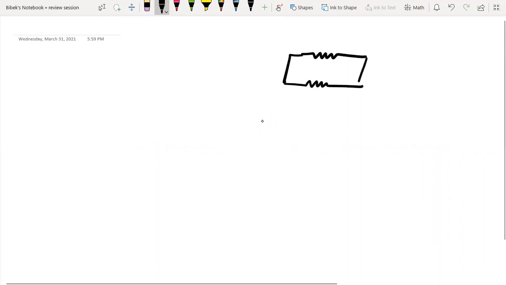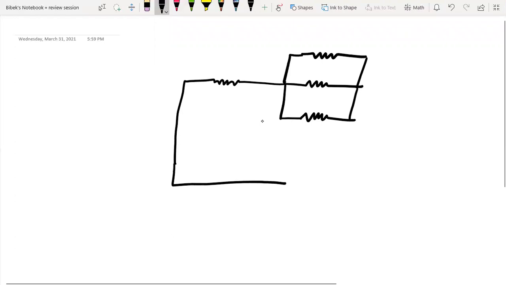There's another resistor, right? And there's another one, and another one here. You also have a battery here, and you have another resistor here. Okay, so let me label them.